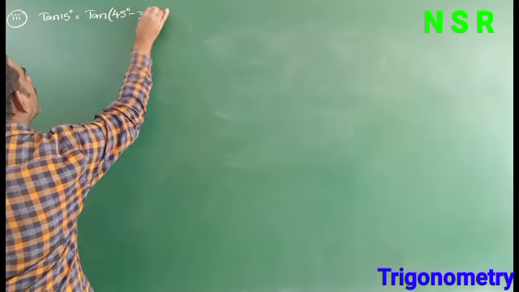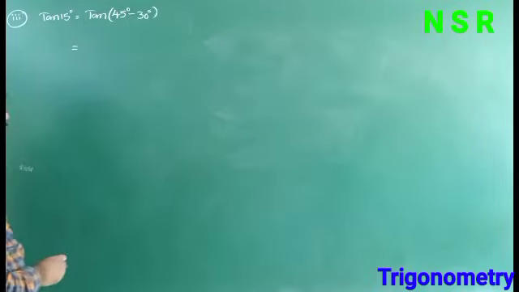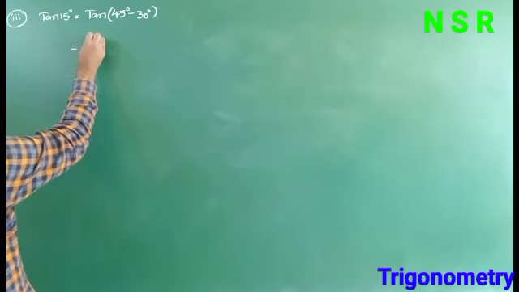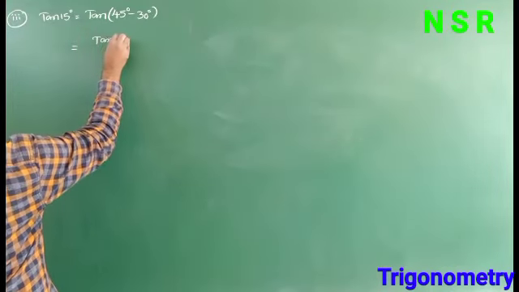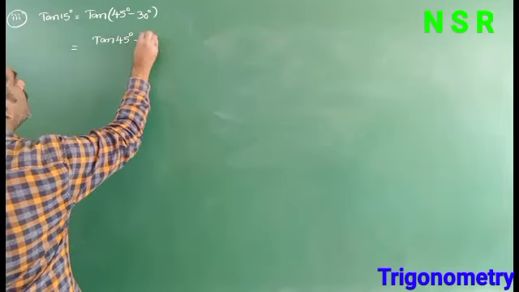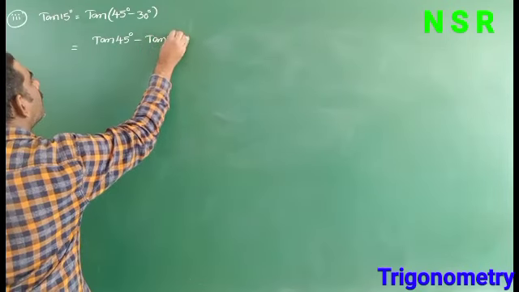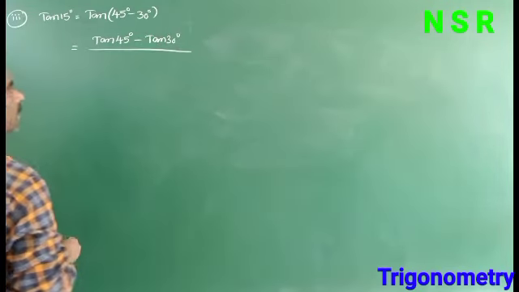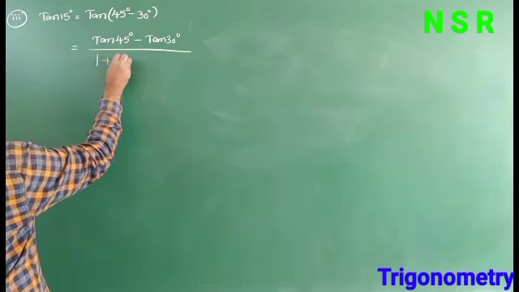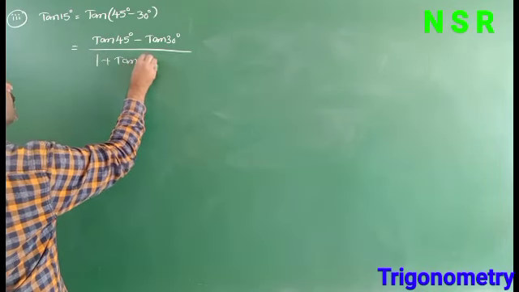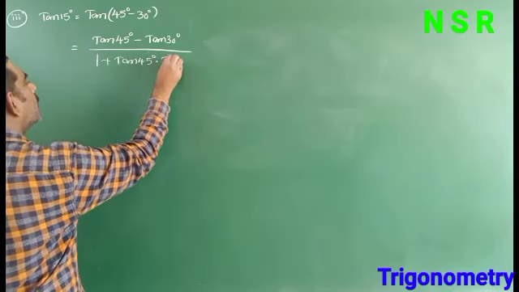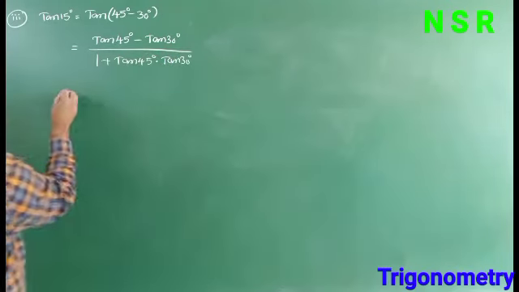So apply here tan(A − B). So tan(A − B) is equal to tan A minus tan B by 1 plus tan A into tan B.